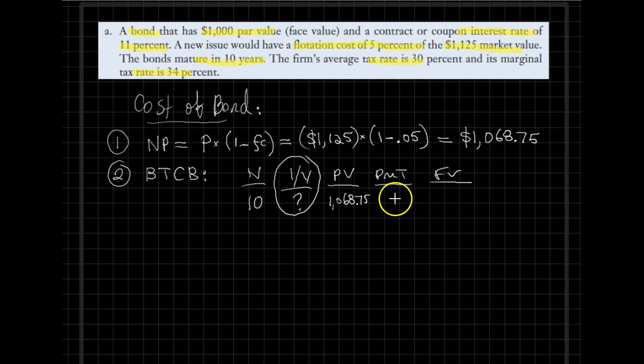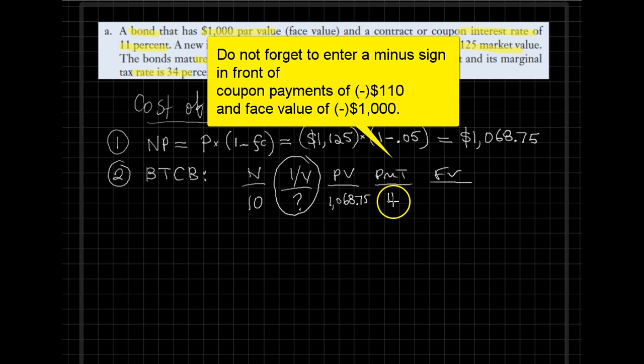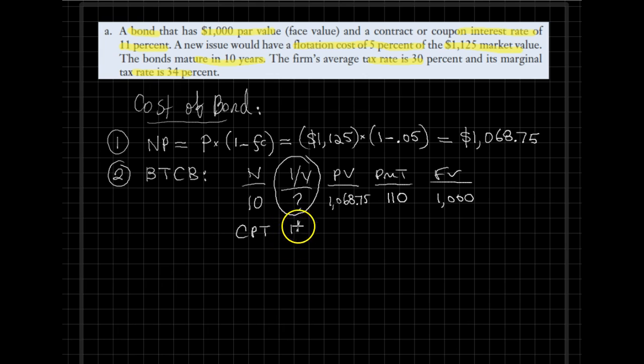The coupon rate is 11%, and the coupons are paid annually, so 11% of $1,000 gives us $110, and the face value is 1,000. Computing I/Y yields an answer of 9.89% before tax cost of the bond.